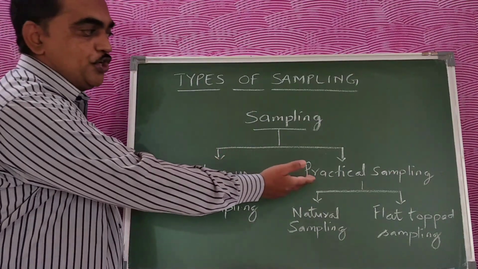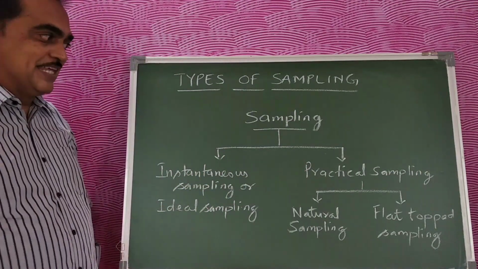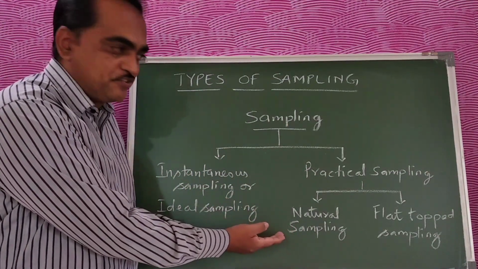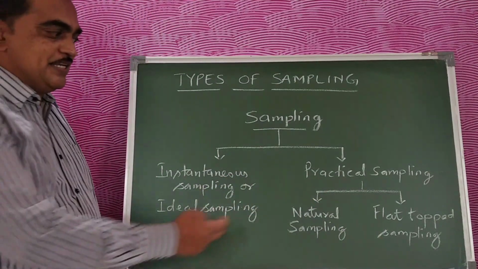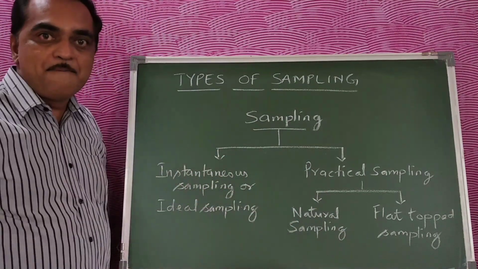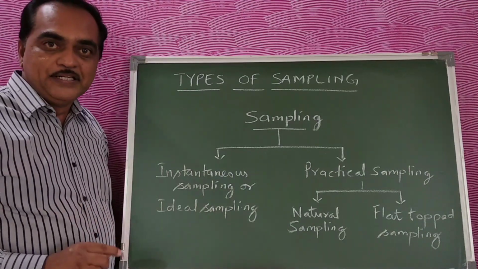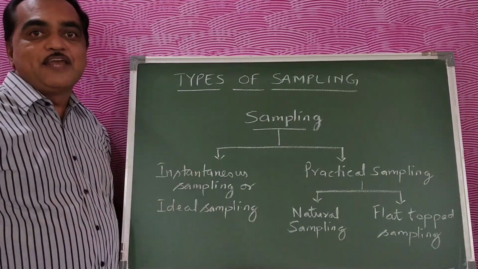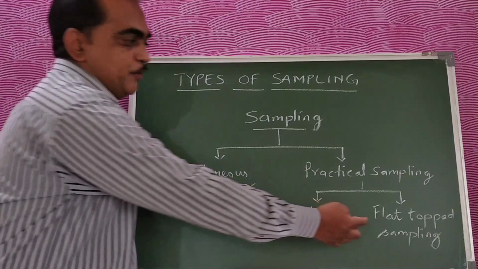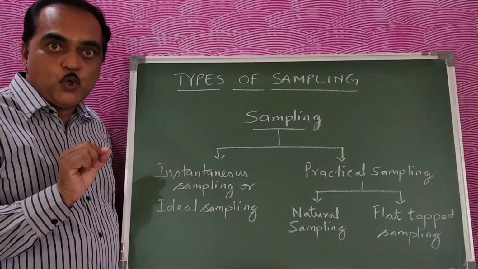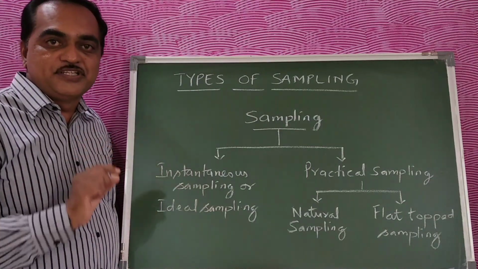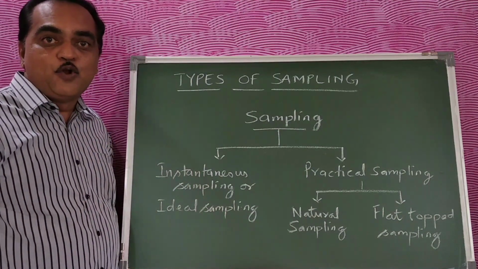Then once we come to what do you mean by practical sampling, in that there are two types. One is called as natural sampling, and the other one is called as flat-top sampling. In a natural sampling, the amplitude of the sample will go along with the analog signal. And in flat-top sampling, the amplitude of the sample will sample and hold at the first point it reaches the amplitude of the analog sample.